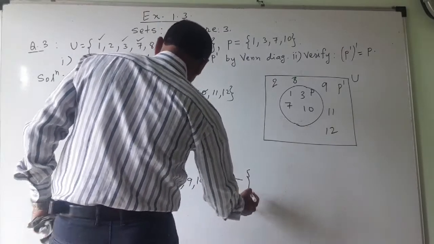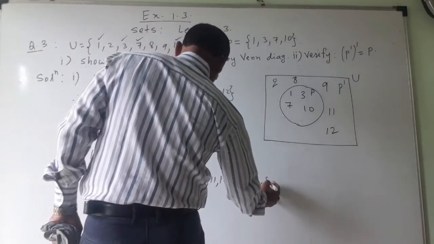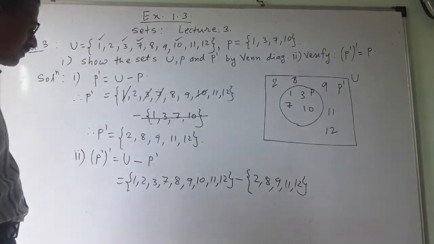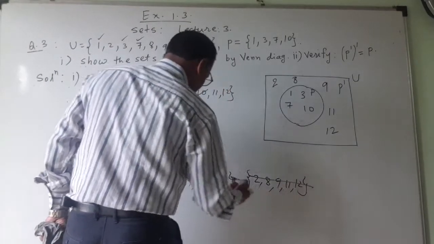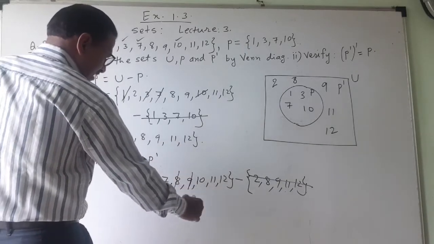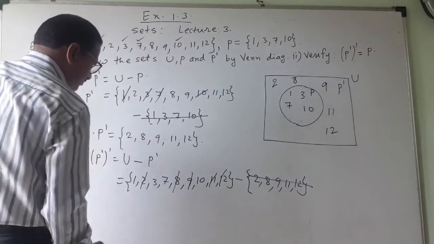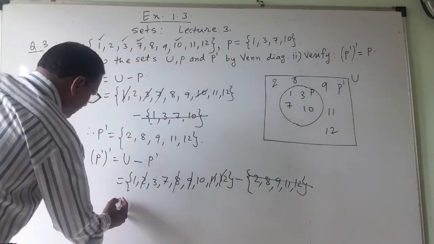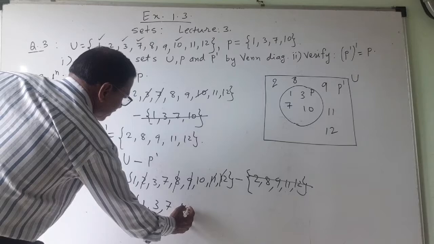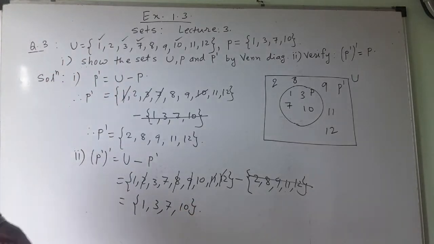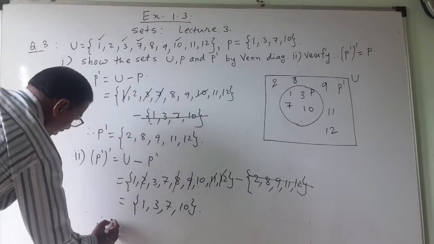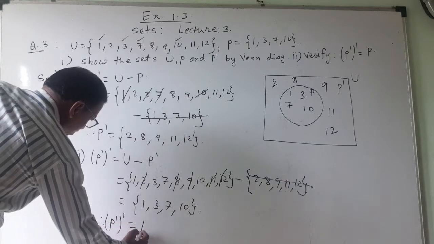What is that P complement? Here I have got 2, 8, 9, 11 and 12. Now how to subtract? Cut that whole. The same from here also: cut 2, 8, 9, 11 and 12. These are cancelled. That is equal to whatever is remaining, which I will write: 1, 3, 7, 10. Check whether it is P. 1, 3, 7, 10. Therefore, the complement of P complement is equal to P.